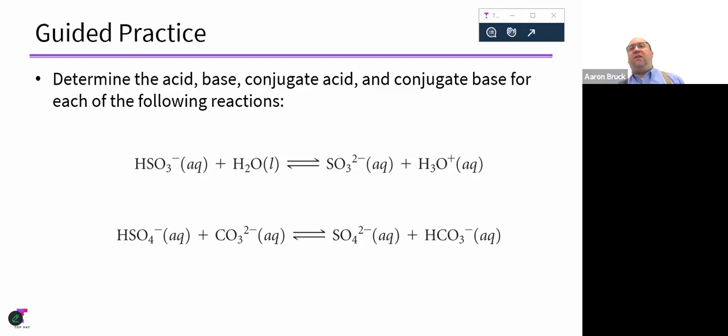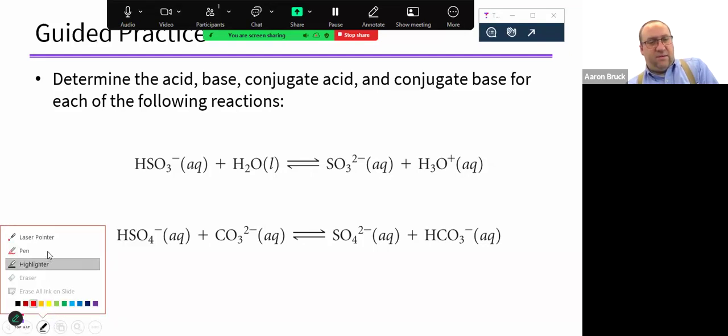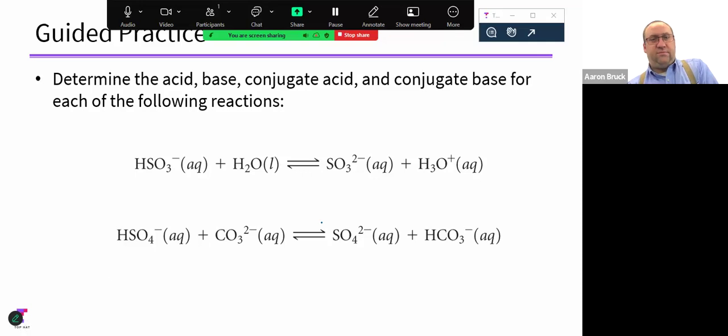All right, so let's start with the easy part of this. Between the bisulfite and the water, which one is acting as an acid? Where's the hydrogen going?